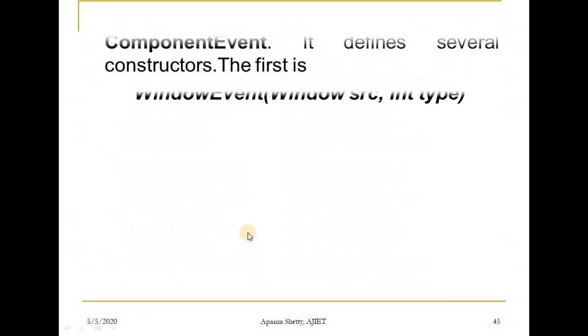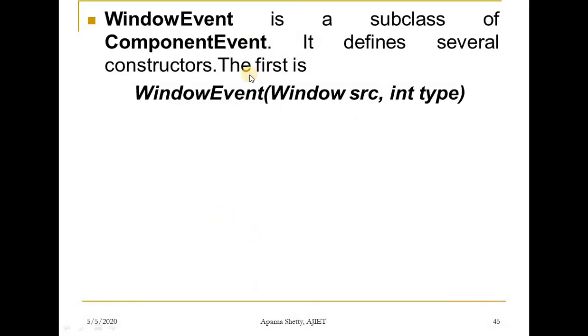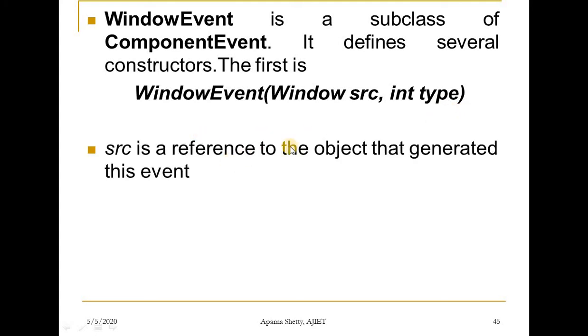So these are the constructors of the WindowEvent class. WindowEvent is a subclass of ComponentEvent. It defines several constructors. The first one is WindowEvent(Window source, int type). Source is a reference to the object that generated this event. The type of the event is specified by type.